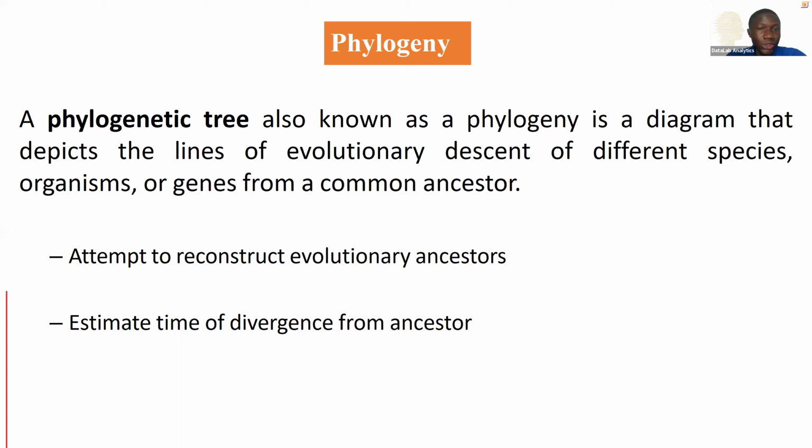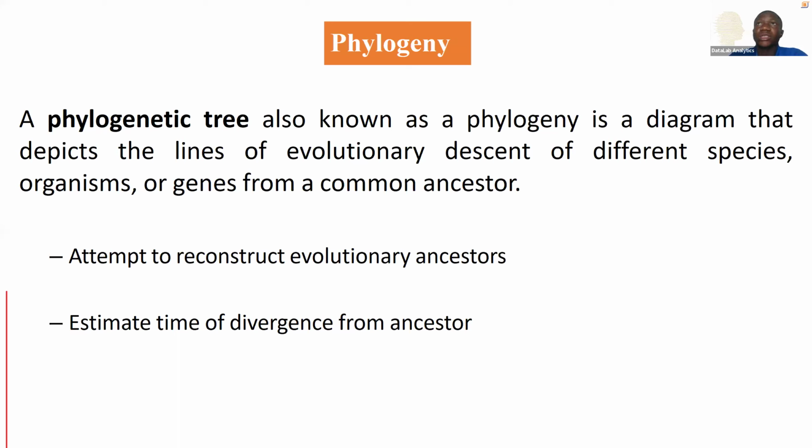A phylogenetic tree is also known as a phylogeny, and it's a diagram that depicts the line of evolutionary descent of different species, organisms originating from a common ancestor. Phylogeny attempts to reconstruct evolutionary ancestors.